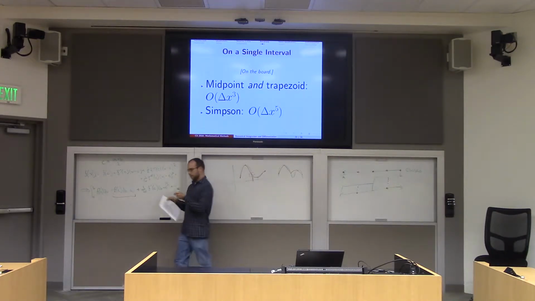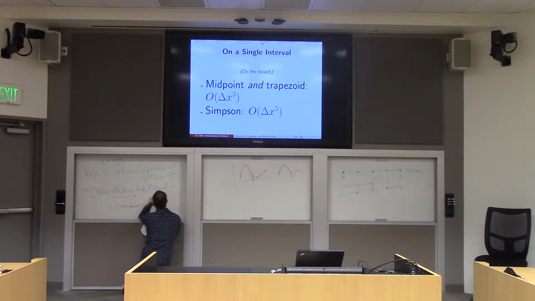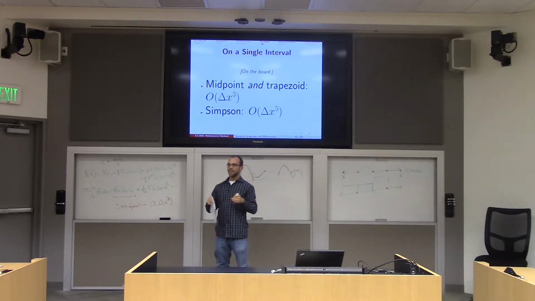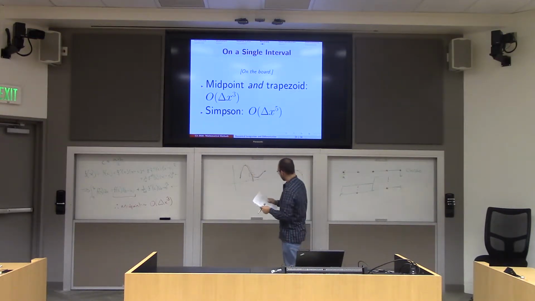So in other words, we just showed that the midpoint method, which is exactly this approximation here, has error that looks like O of delta x cubed. Got lucky.